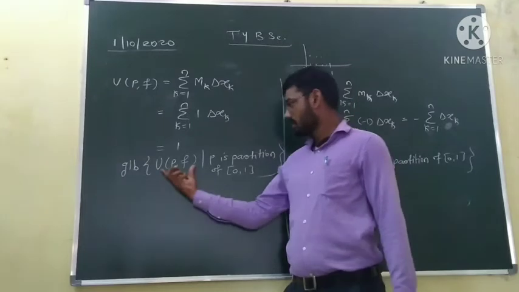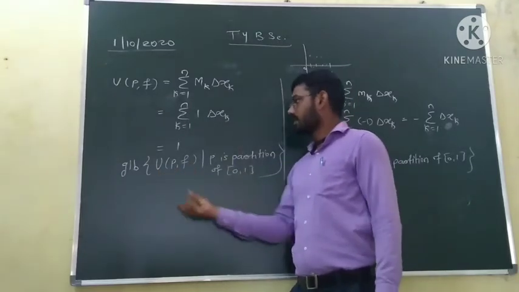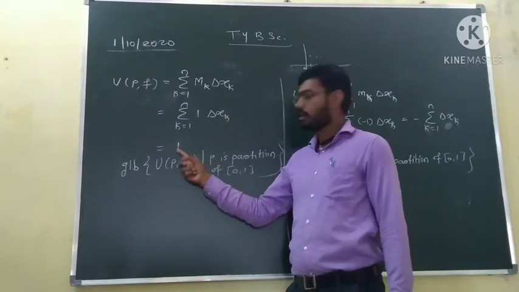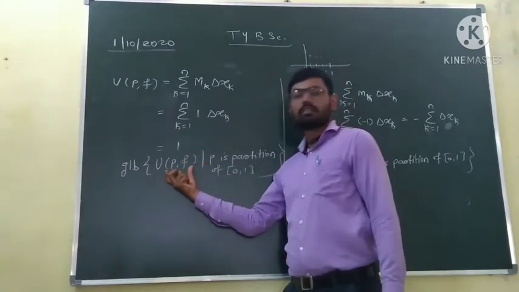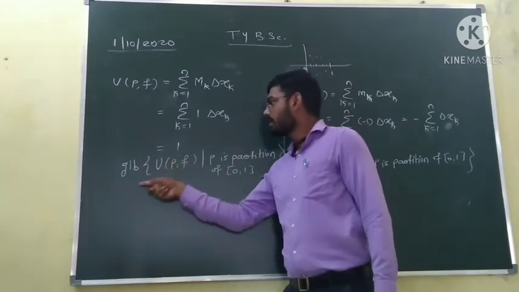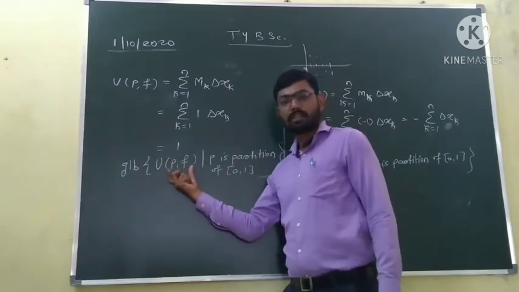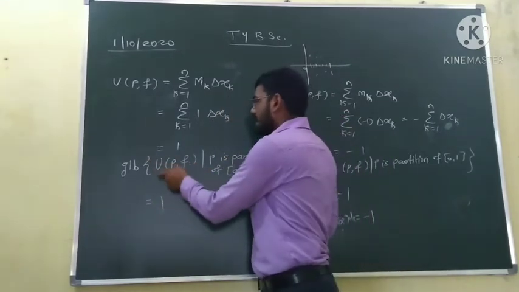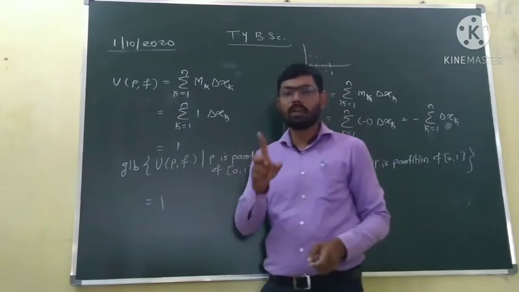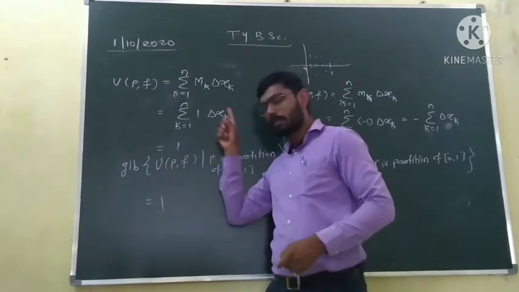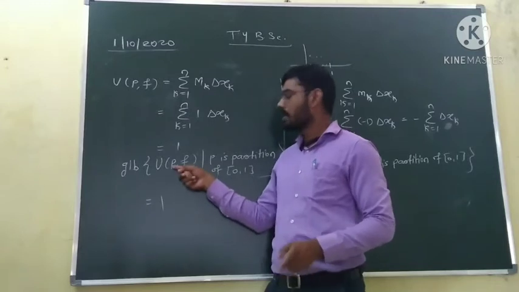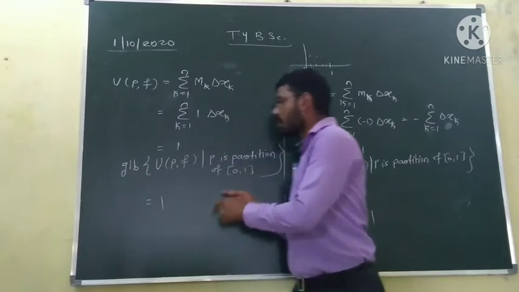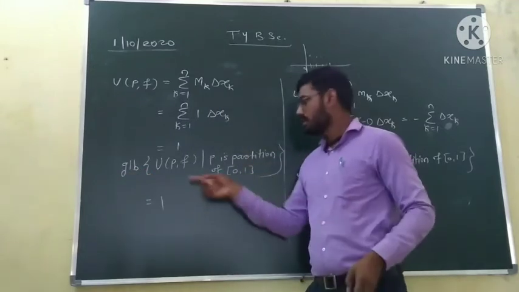Why? Because you take any partition, the upper sum for this function will have the fixed value 1. This set has only one value, which is 1. So the greatest lower bound of the set containing 1 is 1.